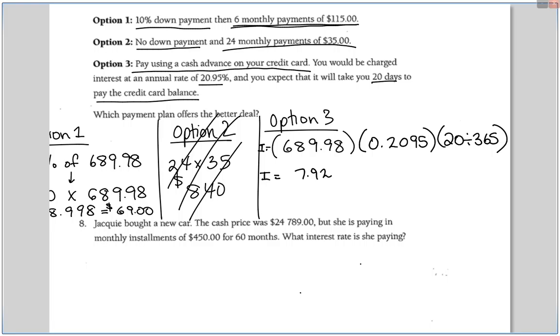So the final amount, remember, you add it back to the principal, which would be 689.98 plus 792, which is $697.90.